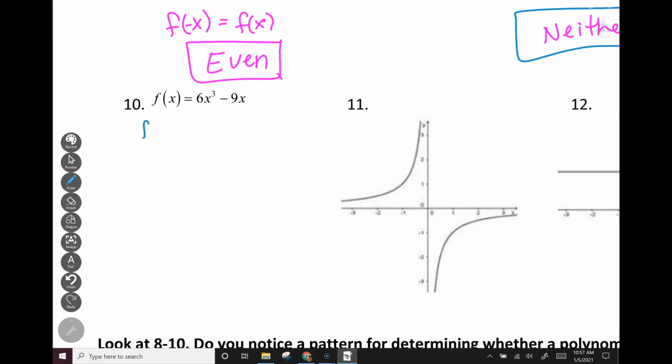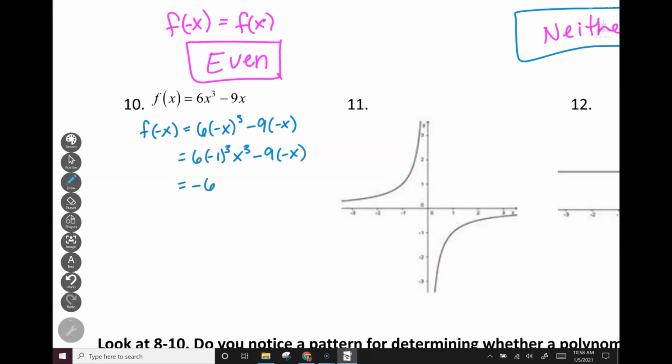So we're going to do f of negative x. So 6 times negative x cubed minus 9 times negative x. Let's break it apart again. Negative 1 cubed is negative 1, so 6 times negative 1 is negative 6.